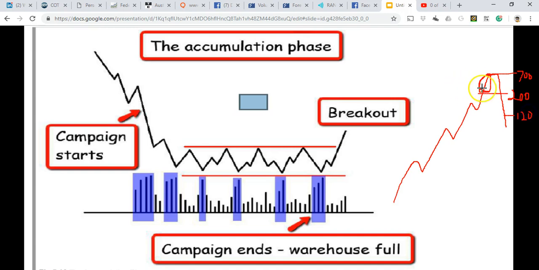If this was the market maker buying, then at about $120 the market makers are at a loss. They didn't sell and they're at a loss. Or they bought at the top at $700 and started selling. It doesn't make sense. So what's happening here is a phase of distribution.